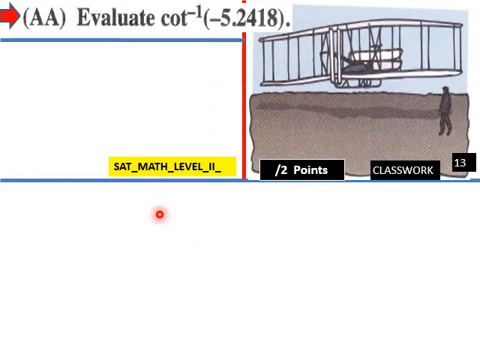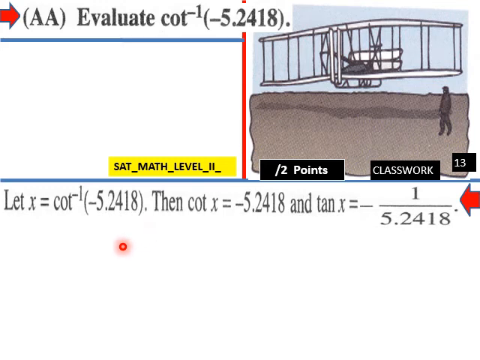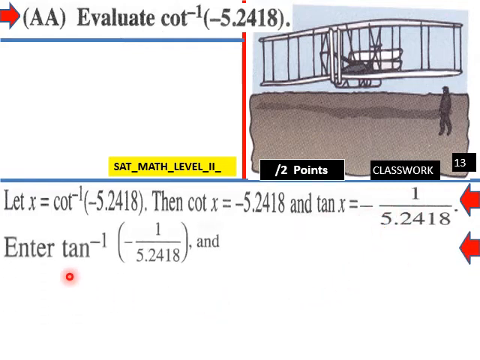And finally we go into AA, evaluate the inverse cotan of negative 5.2418. So let x equal inverse cotan of negative 5.2418, then cotan x will equal negative 5.2418, and tan x will equal negative 1 over 5.2418.